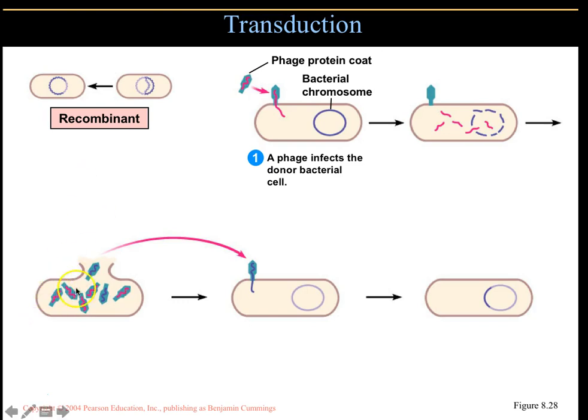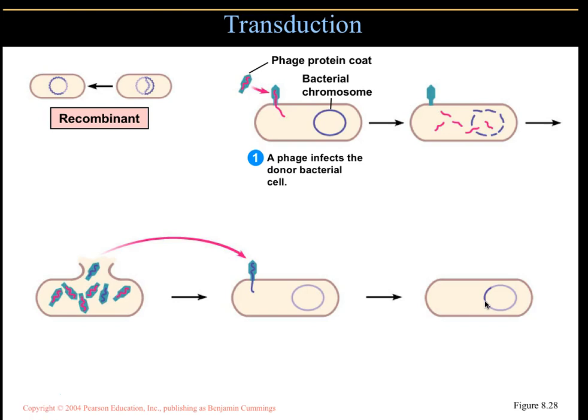But sometimes they make a whoops and package a little bit of the bacterial DNA. So when that little viral particle gets to a new bacteria, what it's injecting is bacterial DNA, not viral DNA. And that's the whoops. But now that little bacterial piece of DNA can enter the chromosome and change it.